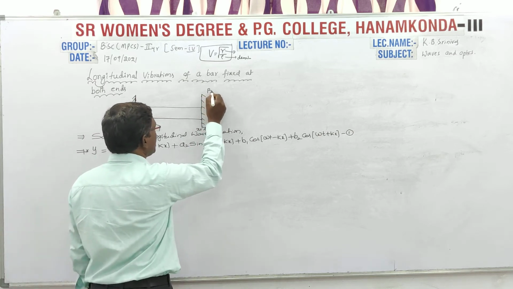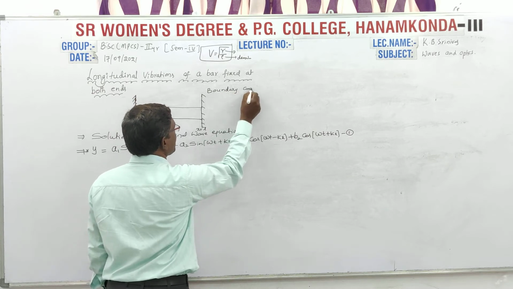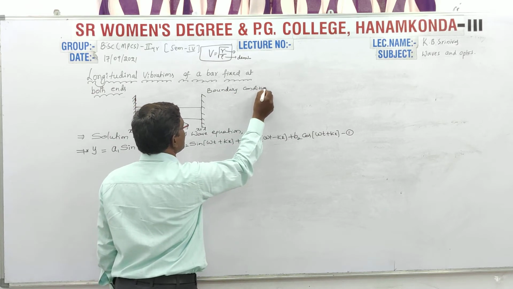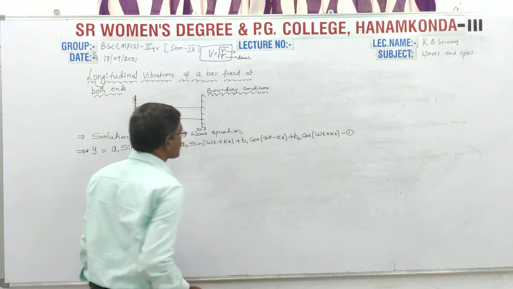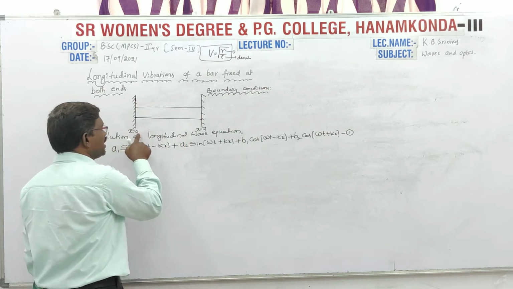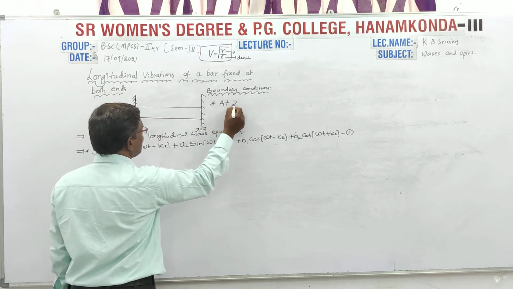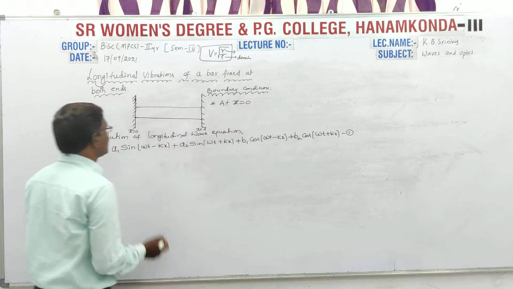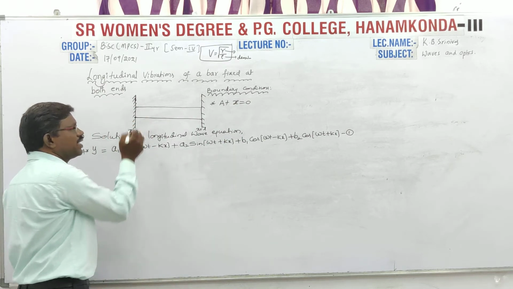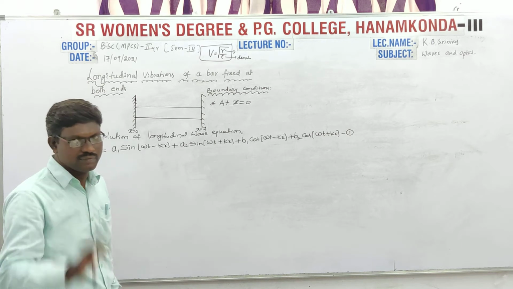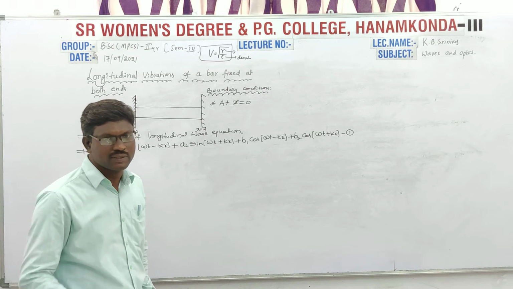So boundary conditions. Here I am writing the boundary conditions, as I explained in the previous lecture. What are the boundary conditions for this case? At x equal to 0, you can observe the bar is fixed rigidly in the wall, so the bar cannot produce vibrations.